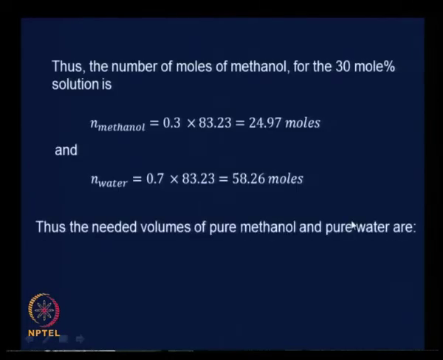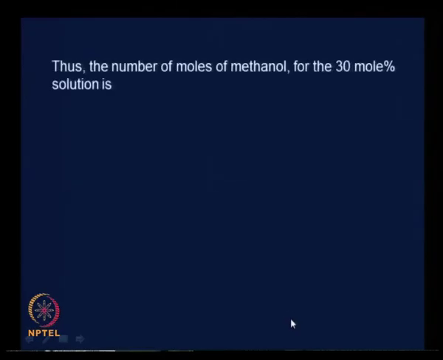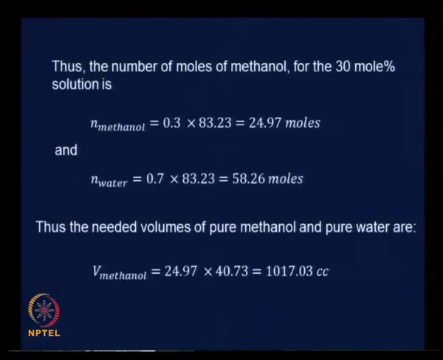And therefore, the needed volumes of pure methanol and pure water, this is what we needed to find to make up the 2 liters of the required 30% methanol solution, is nothing but 24.97 times 40.73. We got this 40.73 in the beginning.